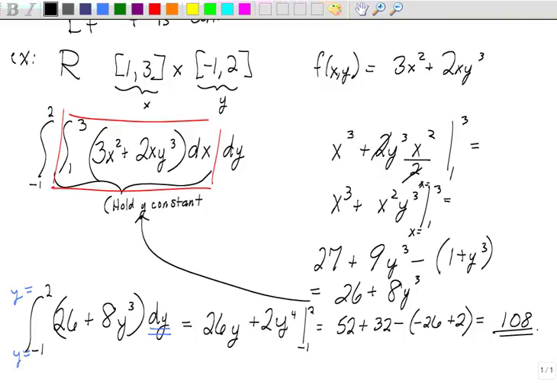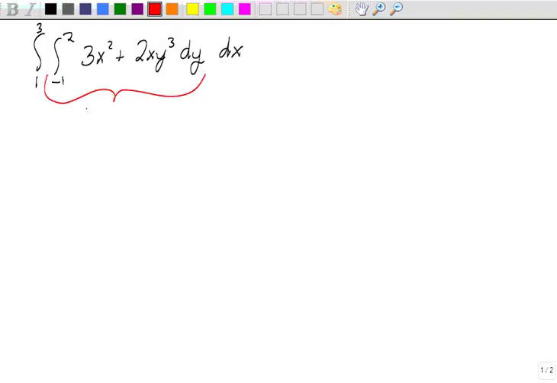Okay, now I'm going to do the same problem and reverse the order of integration and show you that you get the same answer because my function is continuous. So now I'm doing this part. We hold x constant.